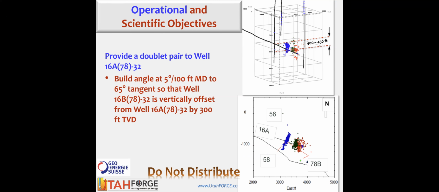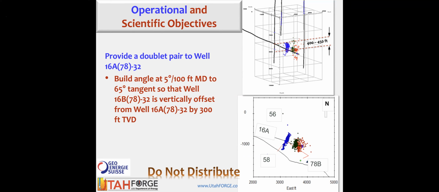And I will say also that other than 16B, an additional long reach sub-horizontal well is currently in the plan right now. It's something we're working with DOE to extend the project to have an additional long reach well.